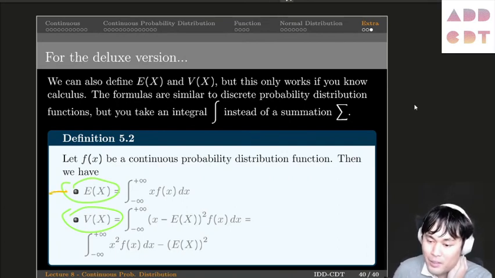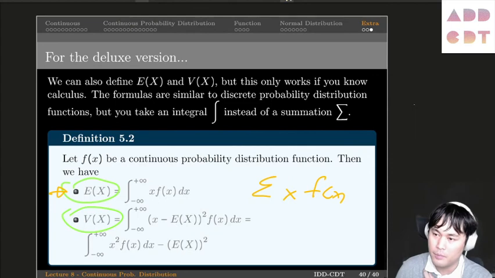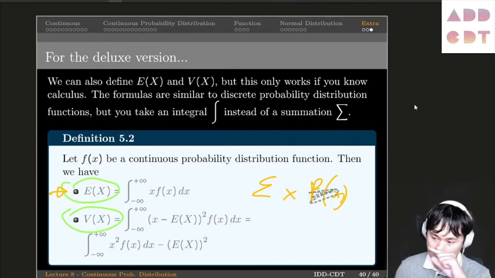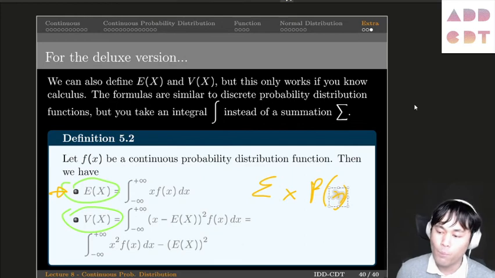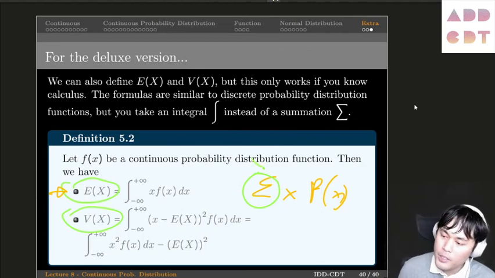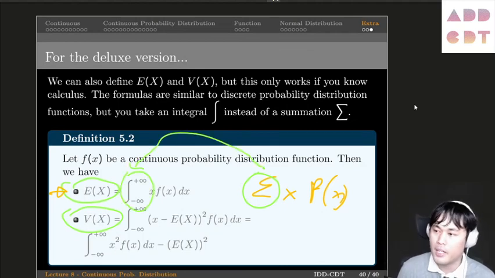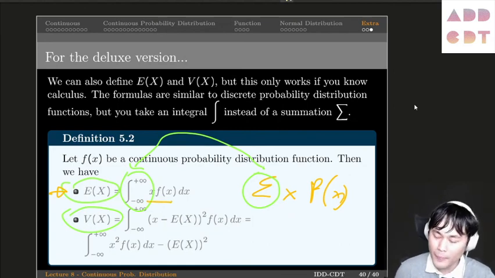The formula for expected value, for the discrete part, we have this notation. We add the sum of the value times the probability of that value happening. But since we have calculus, we can transform that summation for the discrete part to integration for the continuous part.